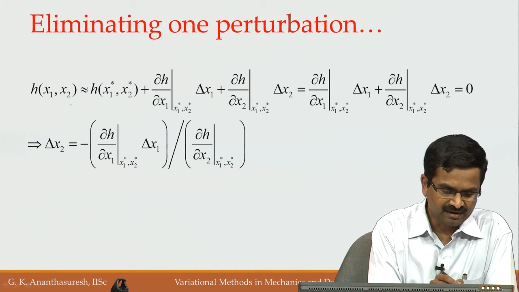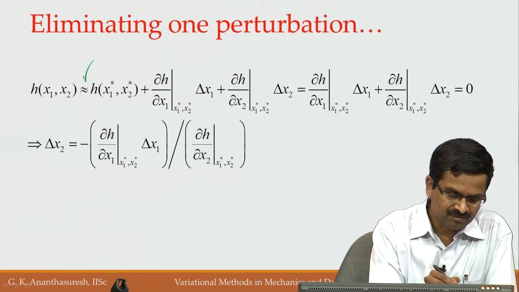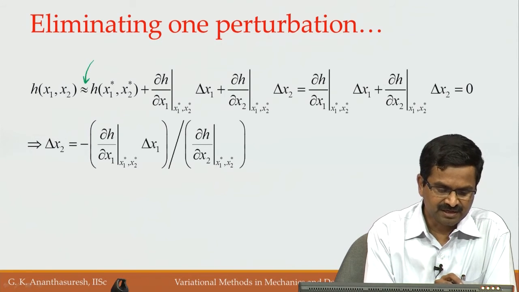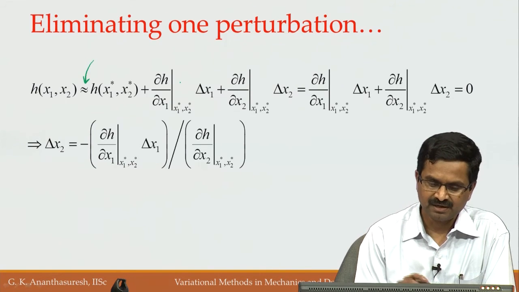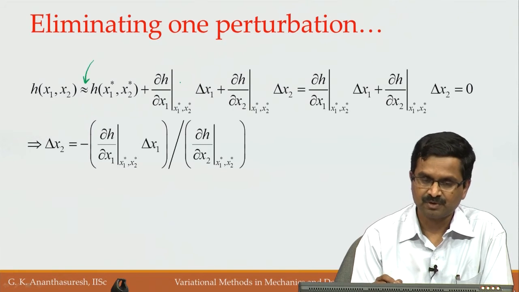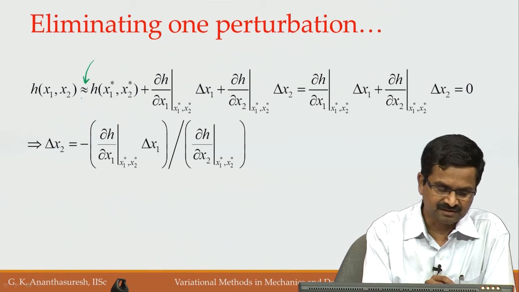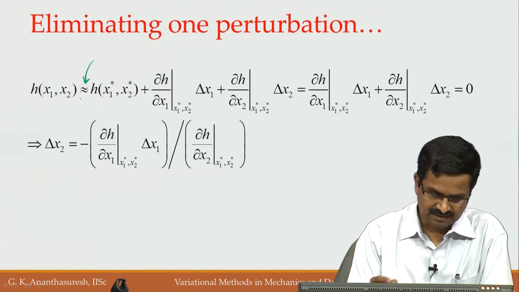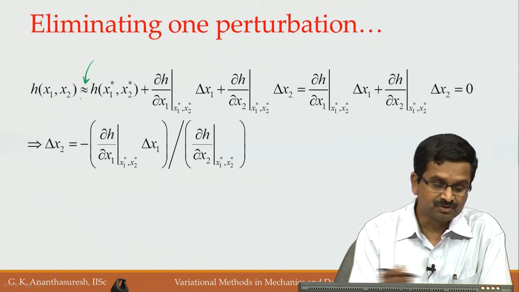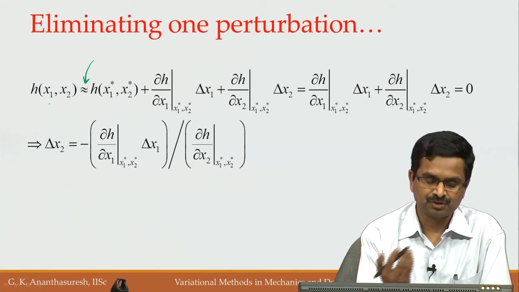What I wrote by hand, we are approximating, that is a symbol for approximation, h x 1 x 2. We are approximating with the 0th order term, and then the first order terms that we wrote, dou h by dou x 1 times delta x 1, dou h by dou x 2 times delta x 2, and that is it, the approximation. For first order we are stopping there, and then say that it should be equal to 0, that is, after perturbation it should be 0.